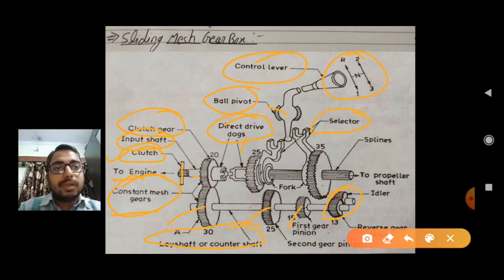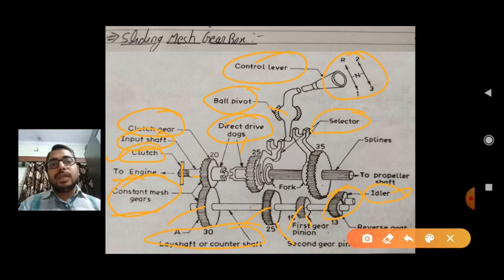Further, if you talk about the smaller gear, as you see here, which has 15 teeth, it is the first gear pinion. The second gear, which has 25 teeth, is known as the second gear pinion. And the gear system which is attached with the idler. I have explained to you the use of the idler.